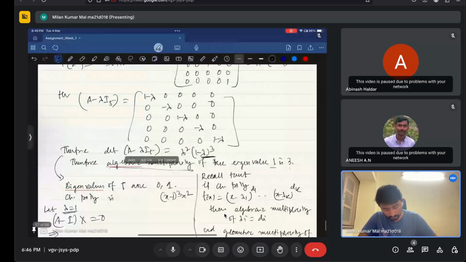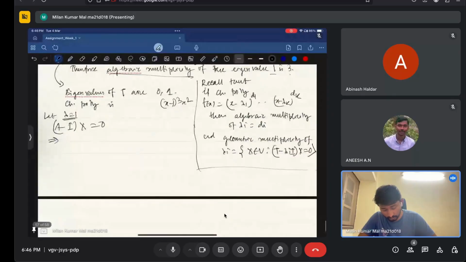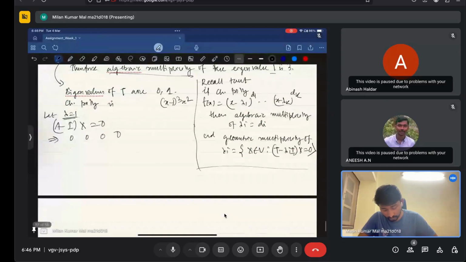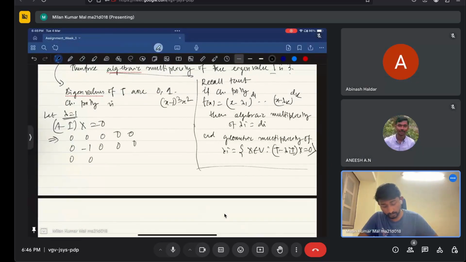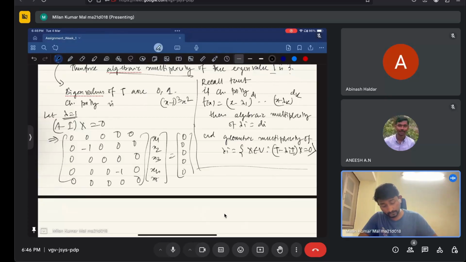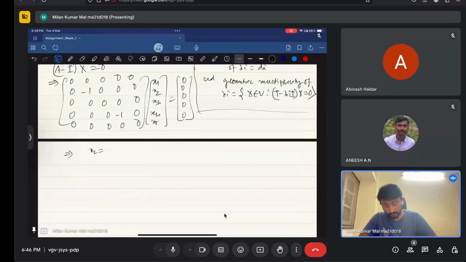In that situation the matrix will be 0 0 0 0 5, 0 0 minus 1 0 0 0 0, 0 0 0 0 0 0 minus 1 0 all the way 0 0 0, times x1 x2 x3 x4 x5, equal to 0 0 0 0. So in that case one can easily solve that x2 is equal to 0 and x4 also needs to be 0.